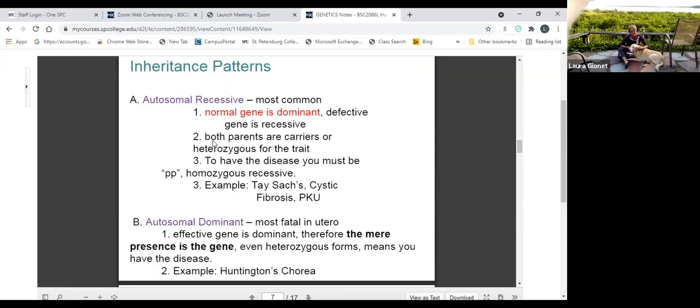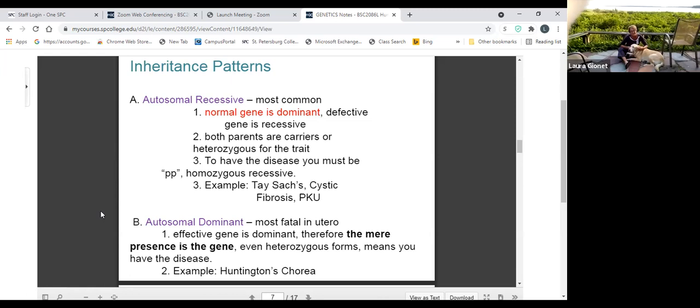Okay, we have inheritance patterns. Not all of the things that are expressed in our body, different traits or characteristics or even disorders or abilities, like the ability to taste certain things, are inherited the exact same way. We have these different ways in which we inherit. So we have what's called the autosomal dominant and autosomal recessive patterns.